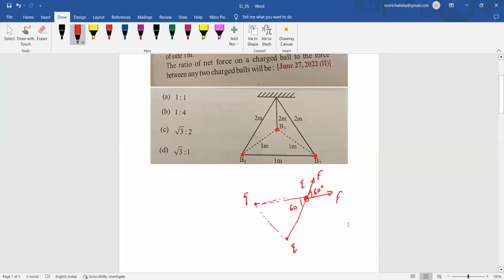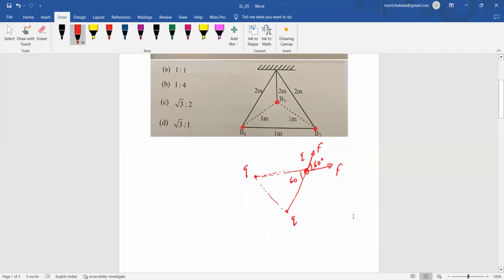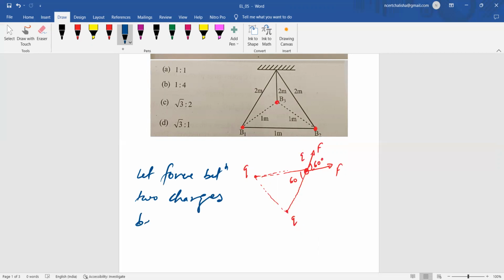So the question is not that difficult. It's just asking what is the ratio of the net force divided by this force F only, because F is the force between the two charges. So what is the net force? Here I am first considering the force between two charges, let's suppose F. In that condition, what will be the net force?